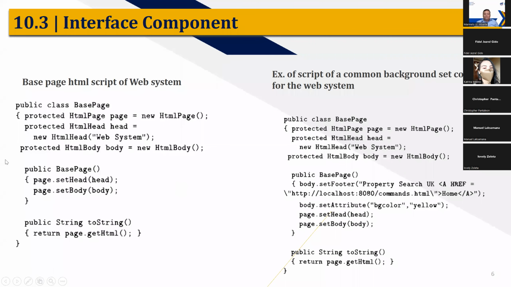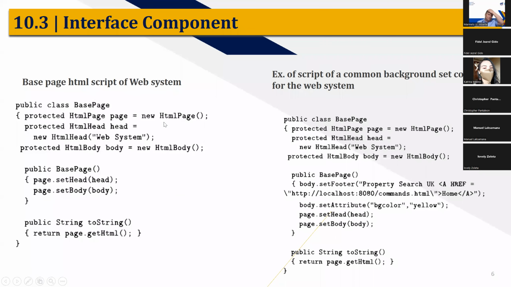So here you can see, classmates, this is the public class BasePage. This is the landing page, an example of the script for a web page system. Here you can see, HTMLPage equals new HTMLPage.